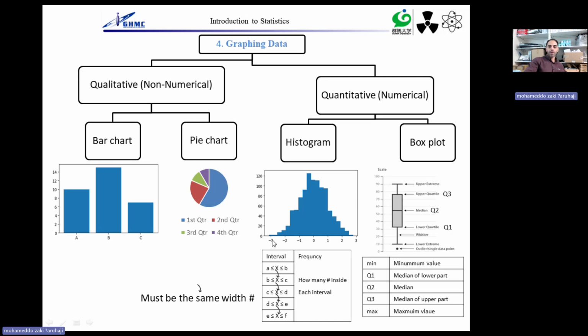So -3 is my A. X is somewhere between -3 and -2. Then I divide again, another part. I have to start with -2, with my B. From my B to my C. And then I keep dividing. Usually we divide 5 times.